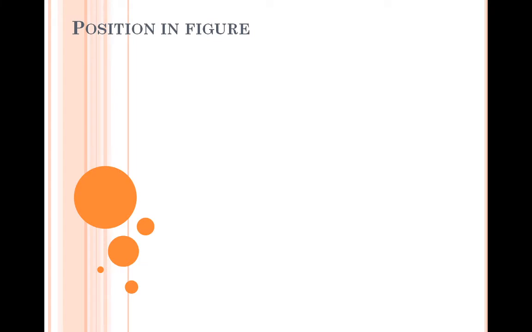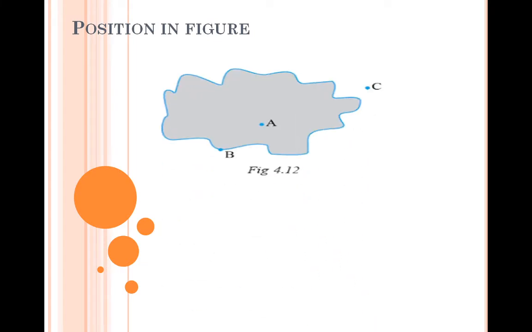Position in figure. Look at this picture. I draw here a closed curve and I show here three points: one on the inner side of the diagram, one on the diagram, and the third one outside the diagram.